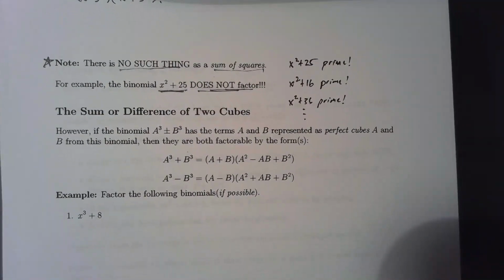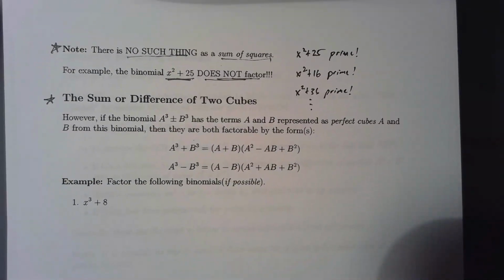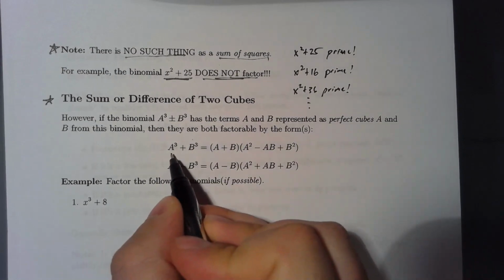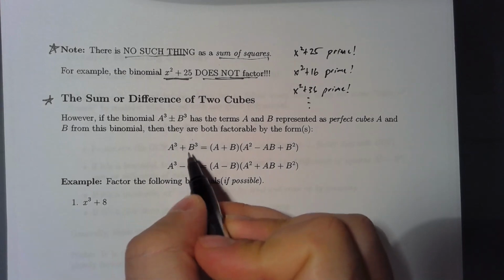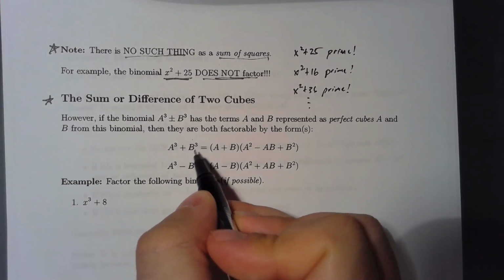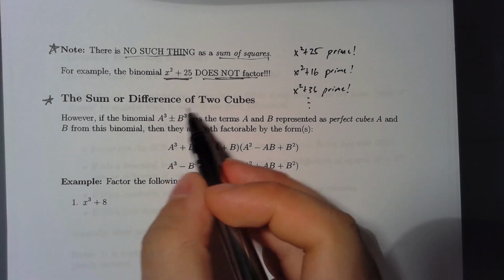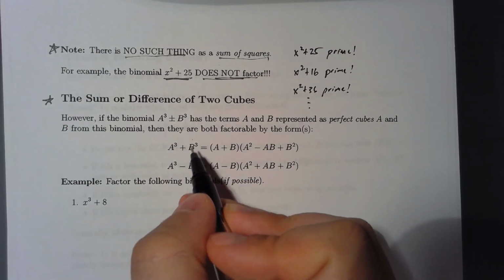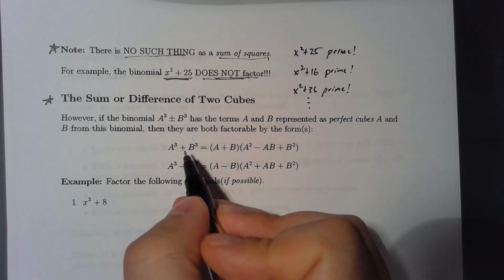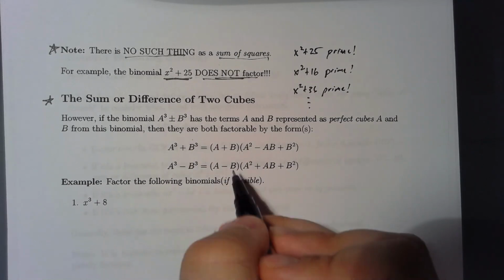Now, as we move on to cubes, the sum or difference of 2 cubes. So this is if I have a binomial to a third power. Now, there is such a thing as a sum of a cube and a difference of a cube. When I'm dealing with cubes, I have a plus and minus variation, so they both do factor.